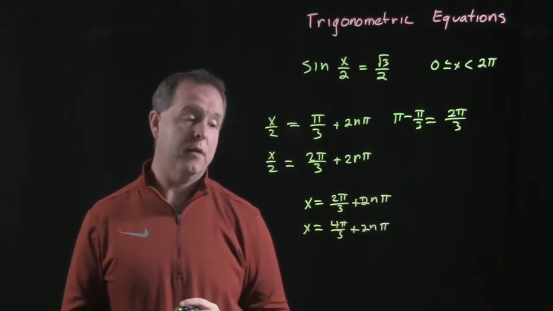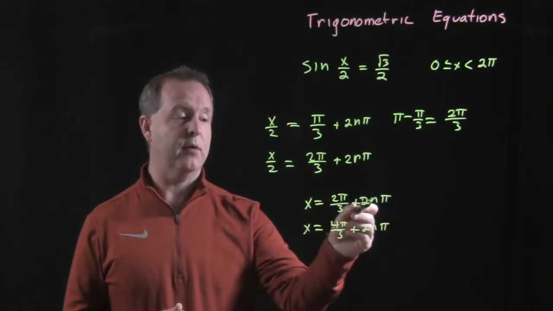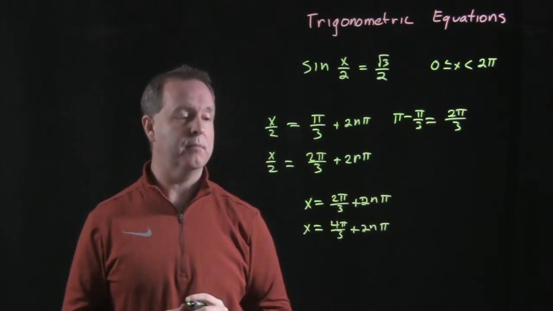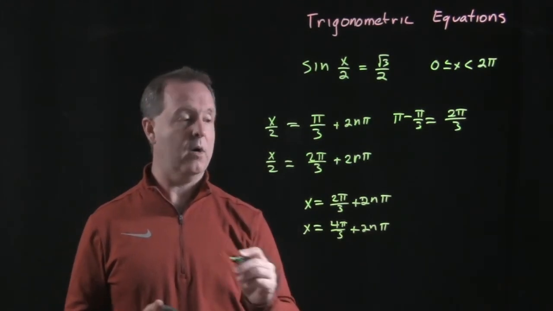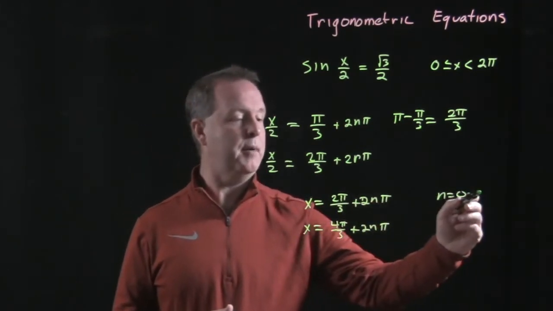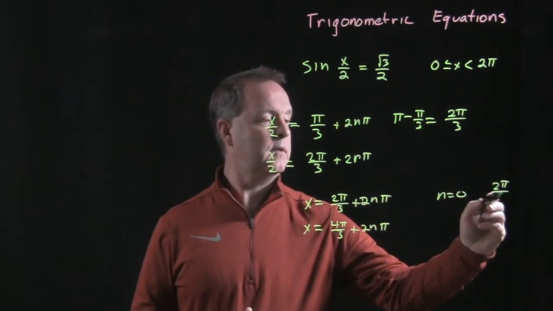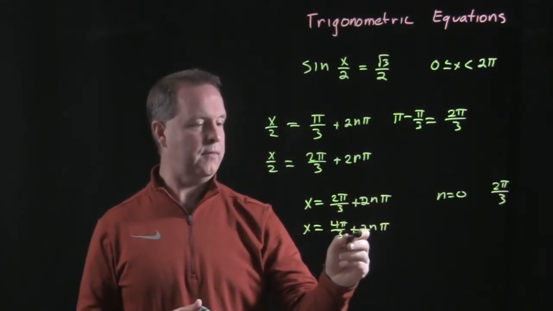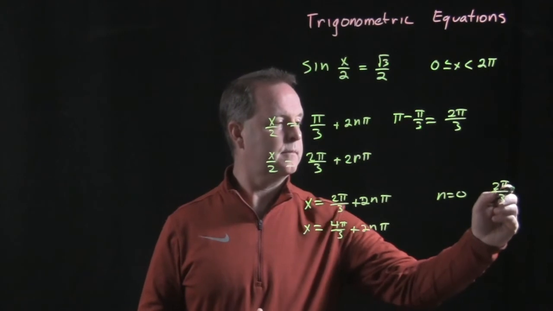Next step is what are all the values that I can create with different multiples of n such that I have a value between 0 and 2 pi. At n equals 0, this top one becomes 2 pi over 3. I know that's within the interval. The second one at n equals 0 is 4 pi thirds.